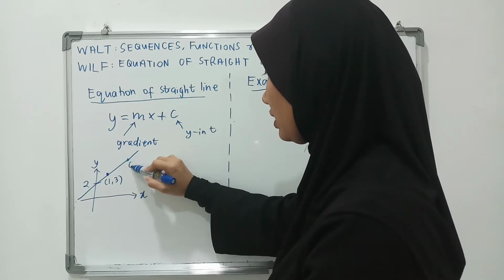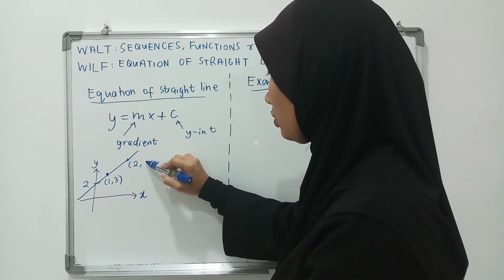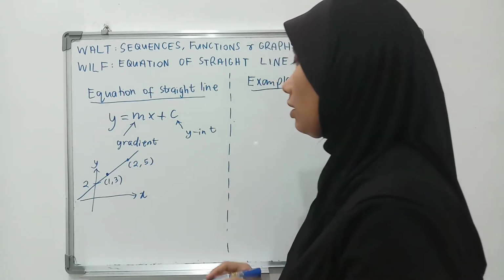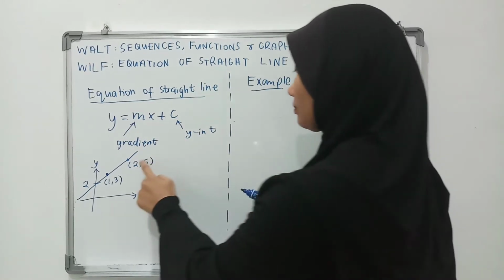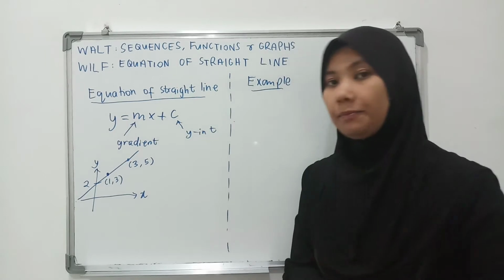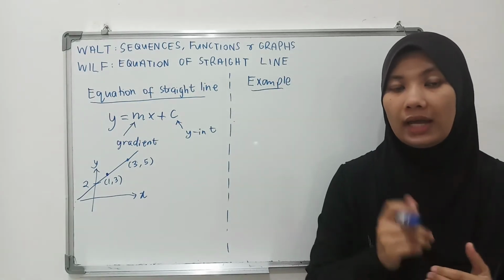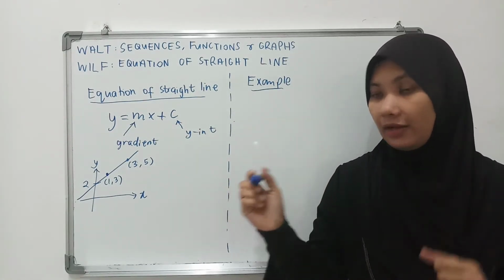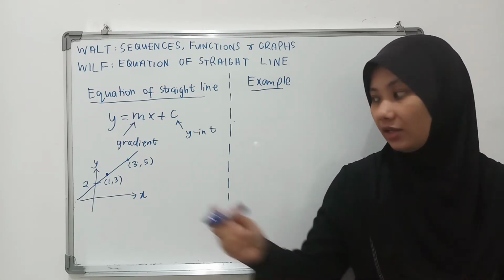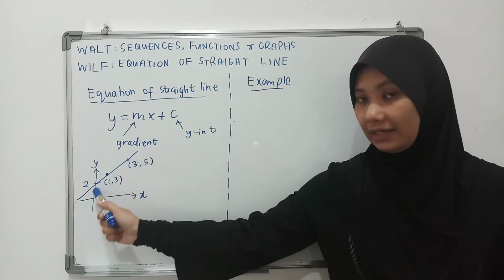One more coordinate, let's say (2, 5). Now let's say this is the question where you need to find the equation of the straight line representing that line here.